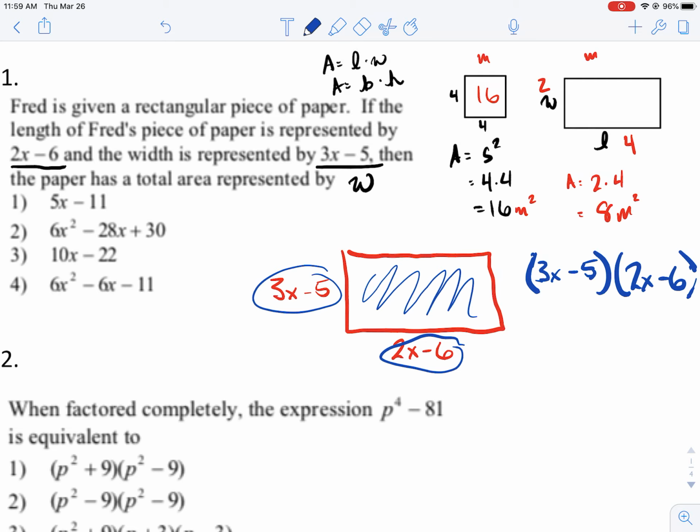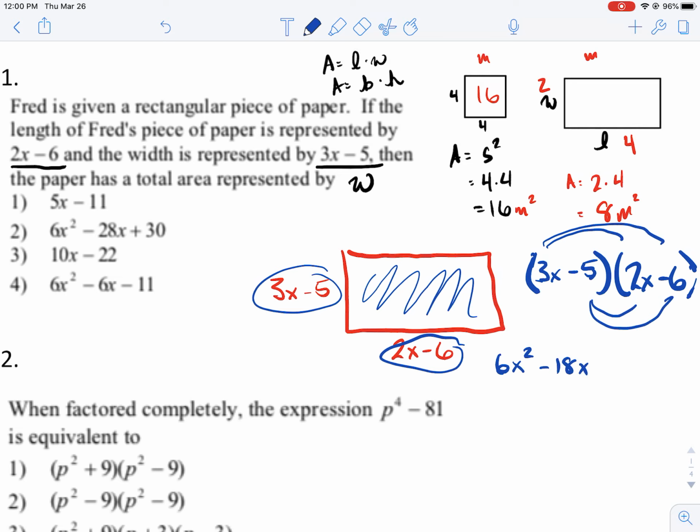A lot of you guys use the arrows, which is fine with me. So your first one is 3x times 2x, which is 6x squared. We got 3x times negative 6, which is negative 18x.